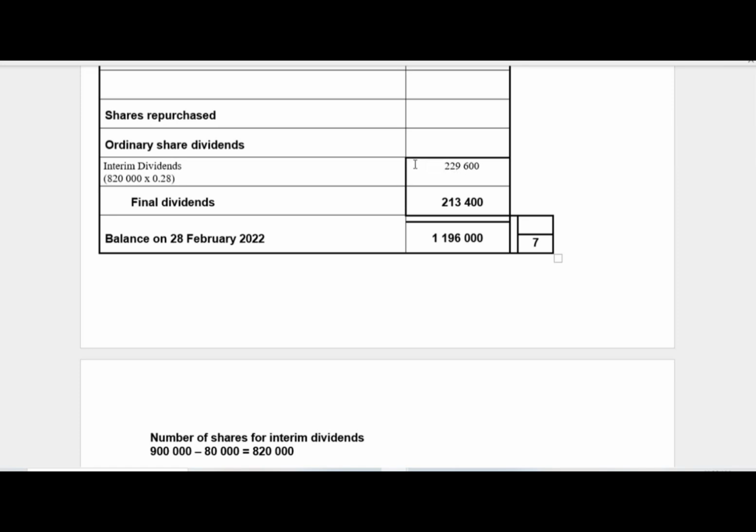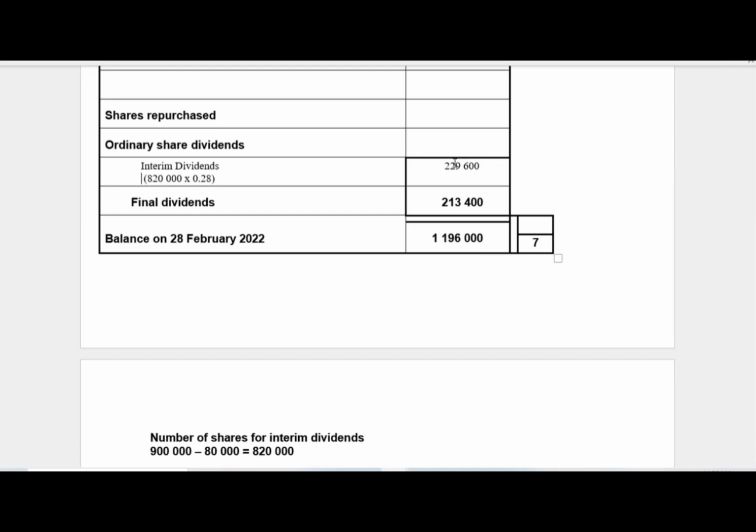All right, so total ordinary dividends is going to be interim dividends plus final dividends. So how much now is going to be your ordinary share dividends?